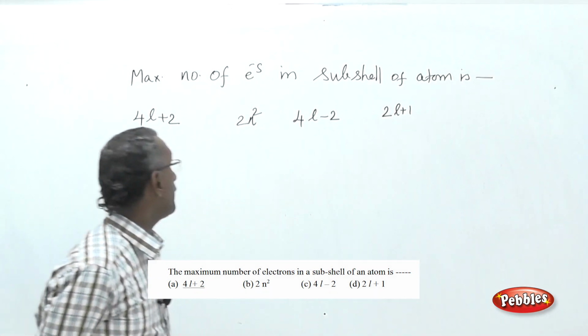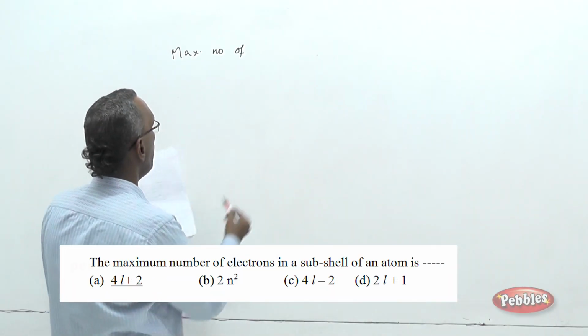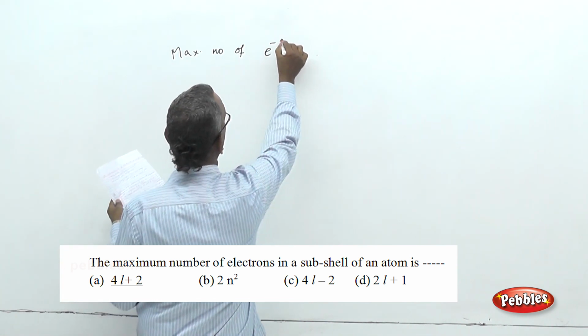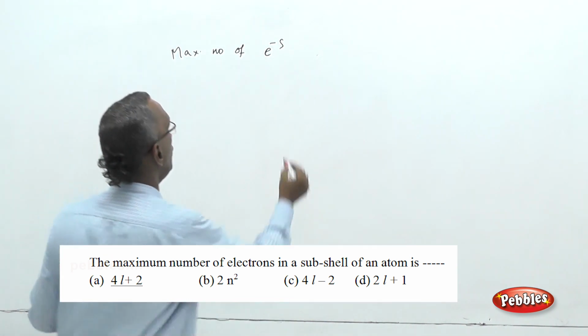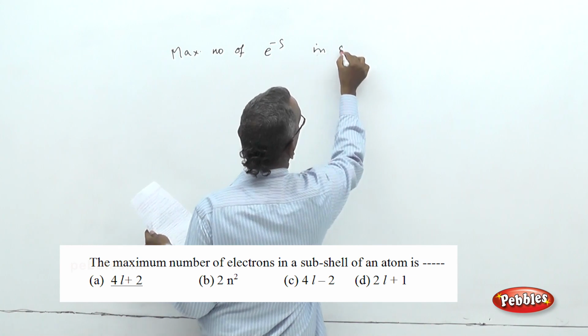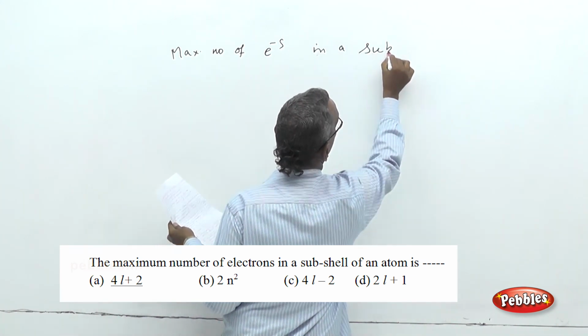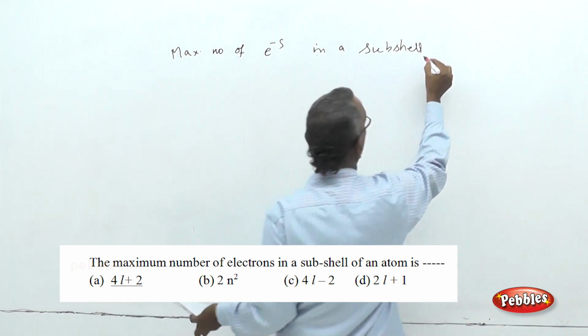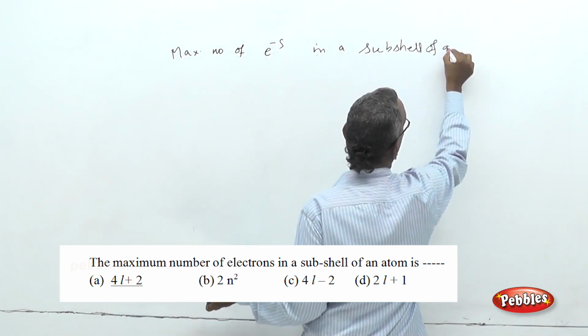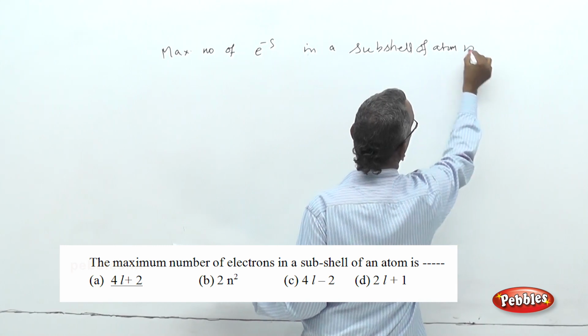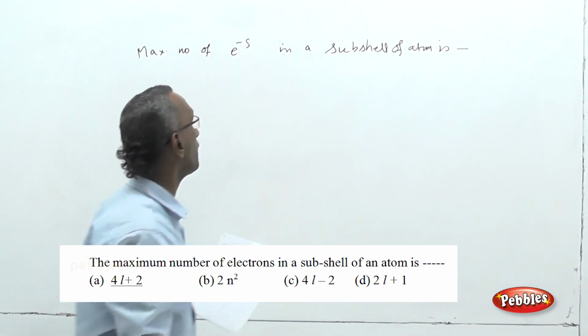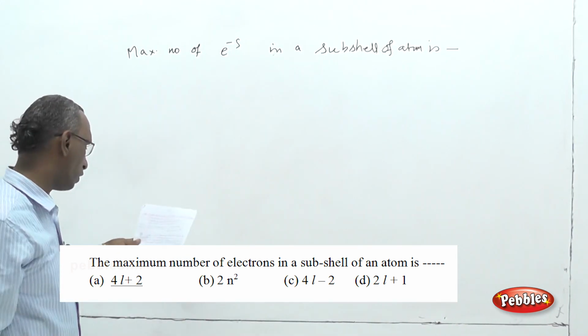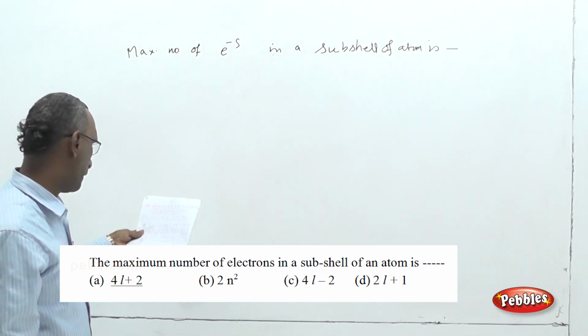Now the question reads: the maximum number of electrons in a subshell of an atom is dash.